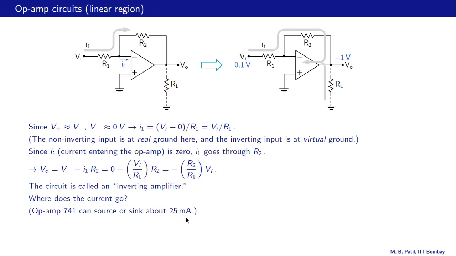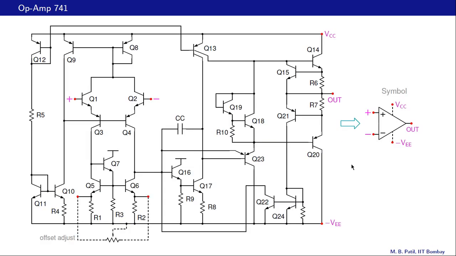All right. Now what we will do is go inside the op amp, that is, look at the internal circuit of the 741 op amp and see what exactly is happening when we say that the op amp is sinking a current or sourcing a current. And here is the internal circuit of the op amp again. When we say that the op amp is sinking a current, that means a current is entering like that. What is actually happening is the current enters like that and goes through this Q20, the transistor, and eventually to this minus VEE power supply.